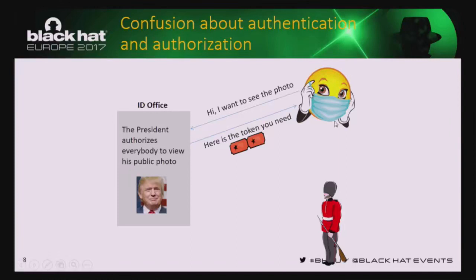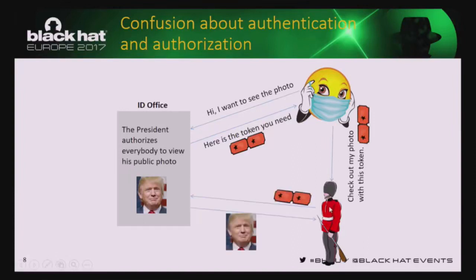Once the access token is obtained, this yellow face just passes the token to the relying party. Then the relying party presents the token back to the ID office. Then of course, the relying party will get the public photo. So if you think about this whole scenario as authorization, there's really no problem, because everybody having the token should see the photo.